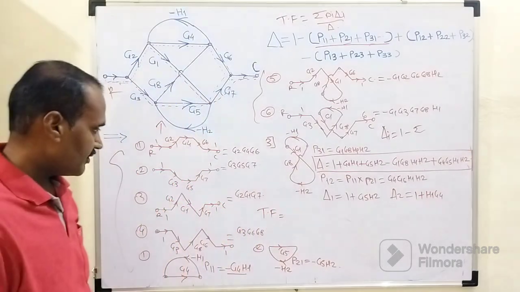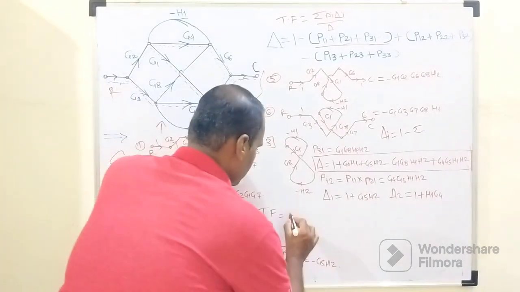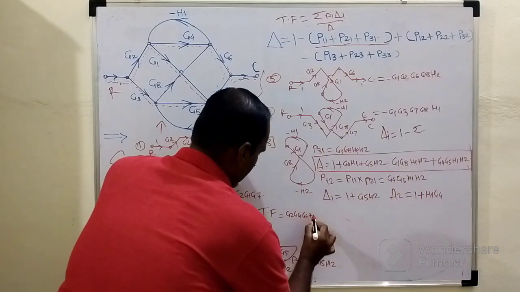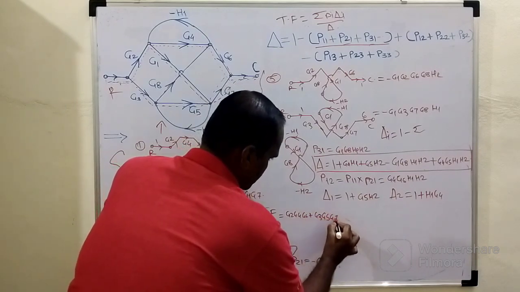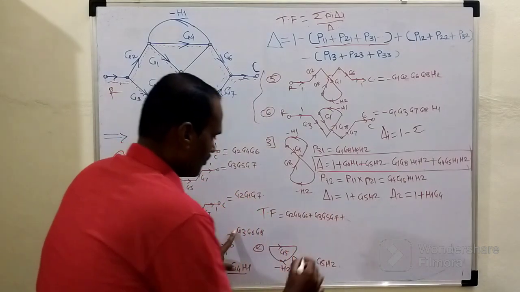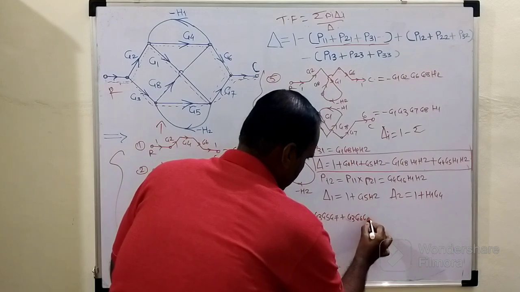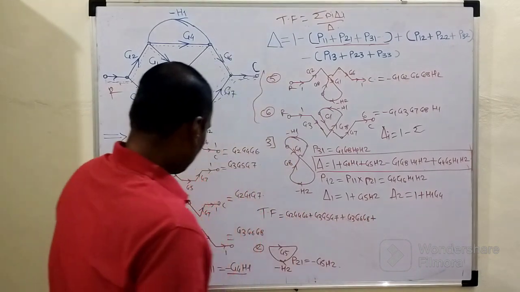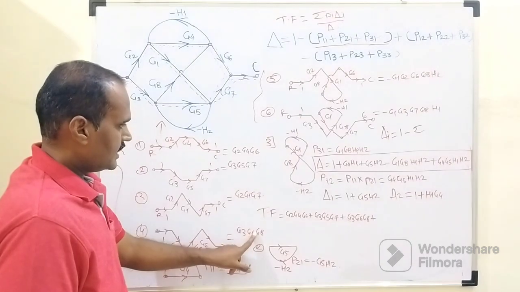Here I will write the transfer function equals the gain of the first forward path, G2, G4, G6, plus the gain of the second forward path, G3, G5, G7, plus the gain of the third forward path, G3, G6, G8, plus the gain of the fourth forward path, G3, G6, G8.